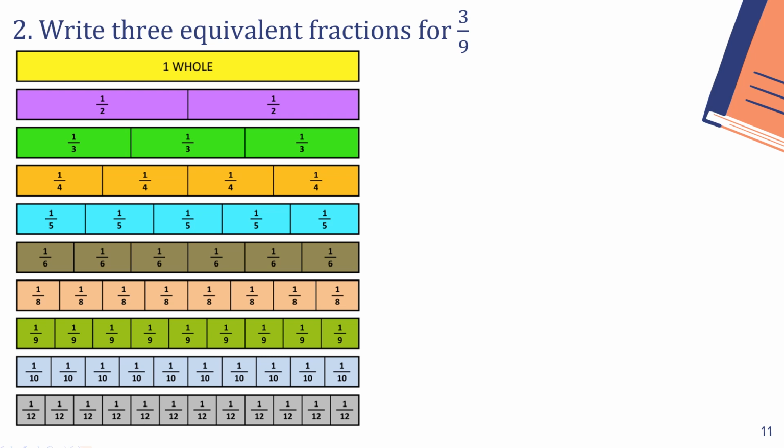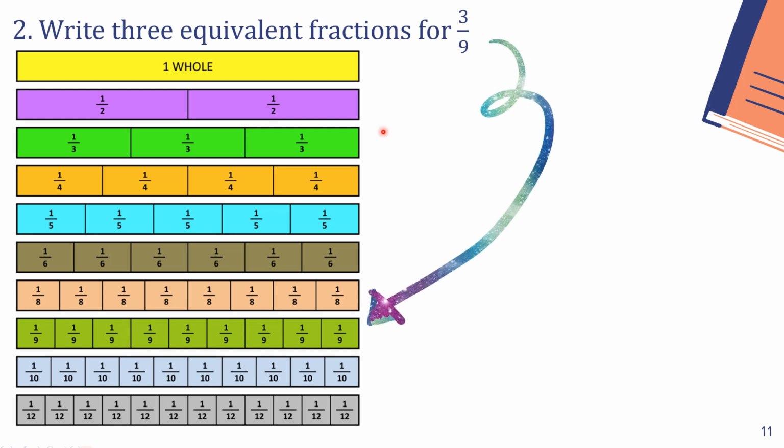I liked this concept because I was thinking you could find 3 ninths. Here I'm looking at the dark green strip, so that would be 1, 2, 3. So this would be 3 ninths.